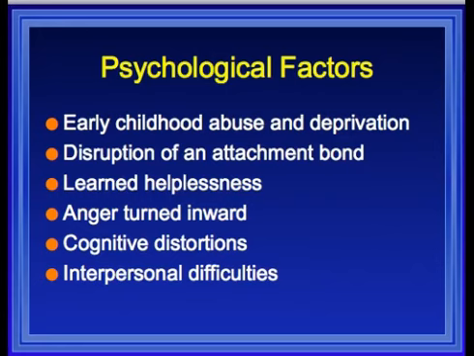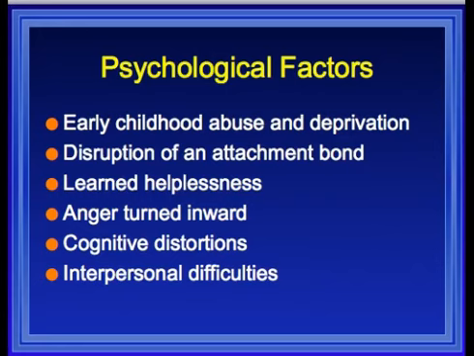We've talked about a lot of biological factors that underlie depression, but we also find many psychological factors. Early childhood abuse and deprivation leads to an increased risk of depression. The disruption of an attachment bond between a child and its caretaker. An individual who learns that nothing that they do ever turns out right will have a condition called learned helplessness.